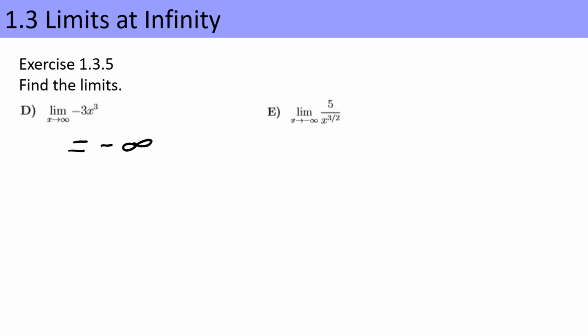And part E, the limit as x approaches negative infinity of 5 divided by x to the power of 3/2. Let's recall x to the 3/2 using root notation is the square root of x cubed.